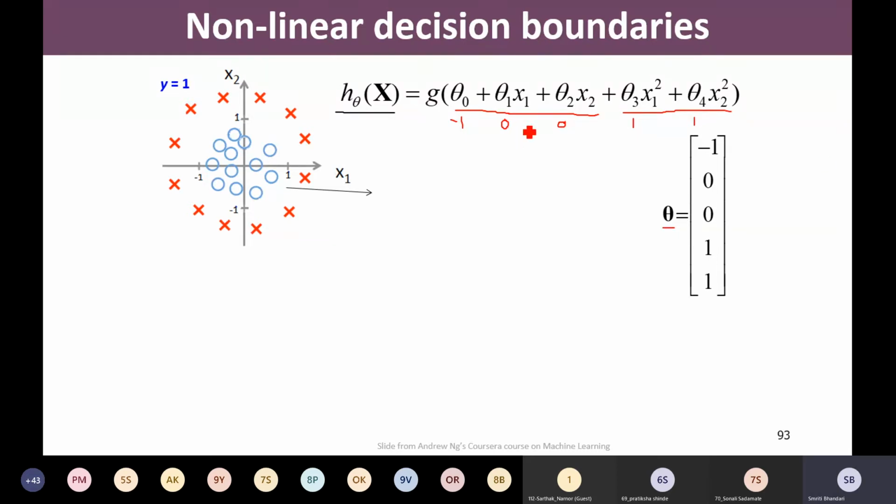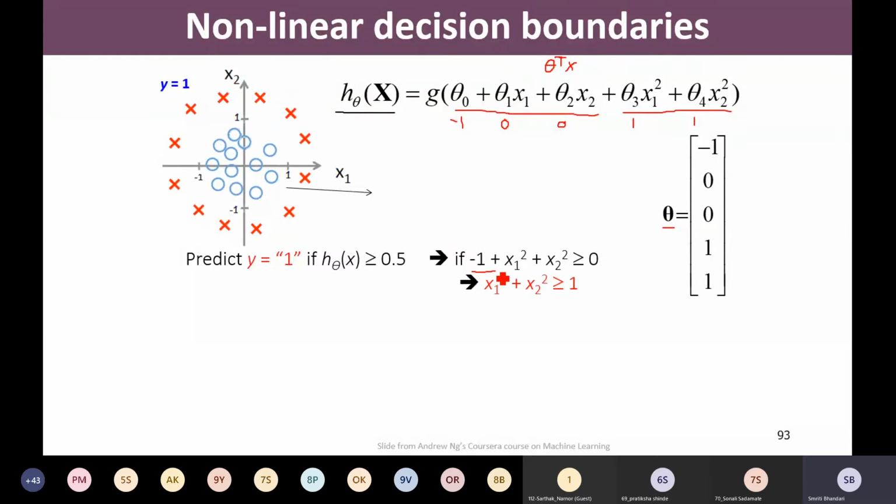If we assume those values, then we are going to predict the class y equal to 1 if h theta x is greater than or equal to 0.5. That happens when theta transpose x is greater than or equal to 0.